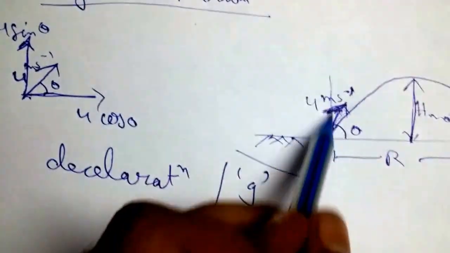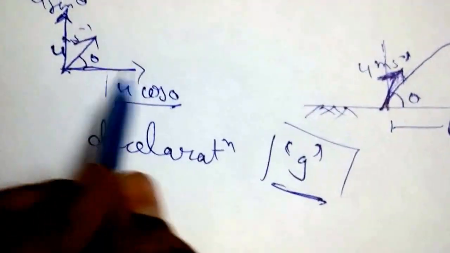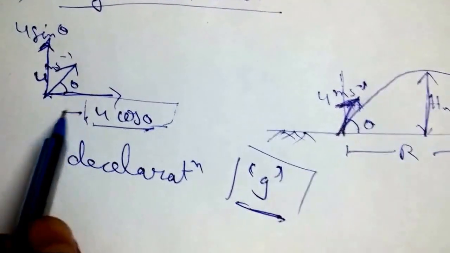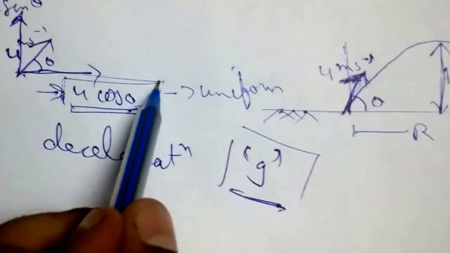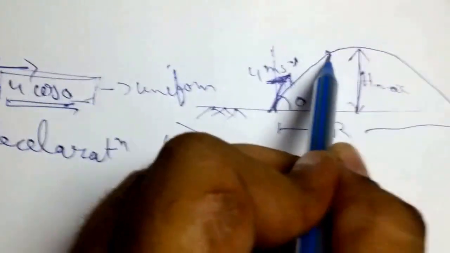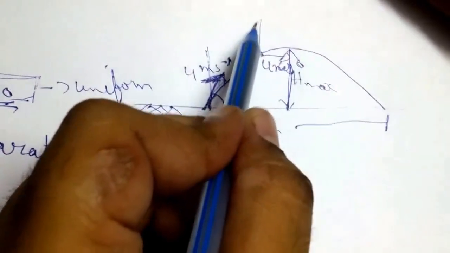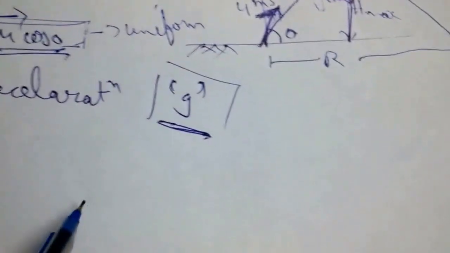So my motion in vertical direction would be accelerated motion, and my motion in horizontal direction, since I am not having any kind of external force on the body, would be uniform motion, that is the velocity will remain constant. So throughout the motion, the velocity of the ball in horizontal direction at any instant of time would remain u cos theta, whereas in y direction it will vary according to the acceleration due to gravity g, acting downwards at all instants of time throughout the motion.